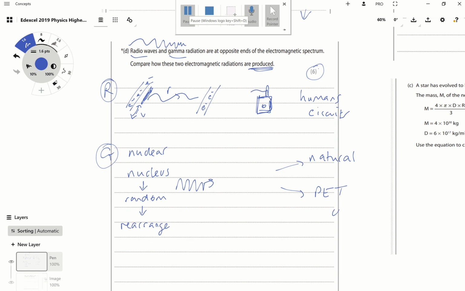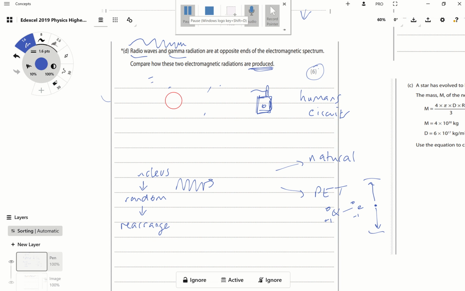A positron will annihilate with an electron, and this will produce 2 gamma waves that are 180 degrees to each other, and because we've got a sensor around, they can time this to locate exactly where the tumour is. So one is predominantly made by humans for communication, the other one is natural, but humans do make some as well because we're amazing. So now I'm going to tidy all of that up into words.